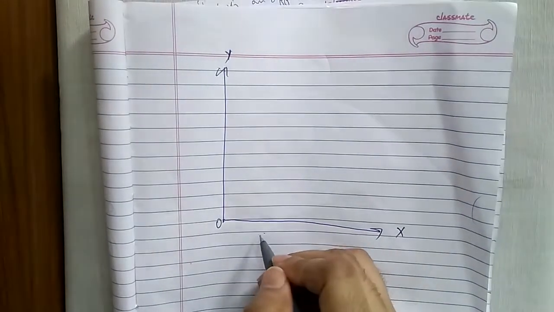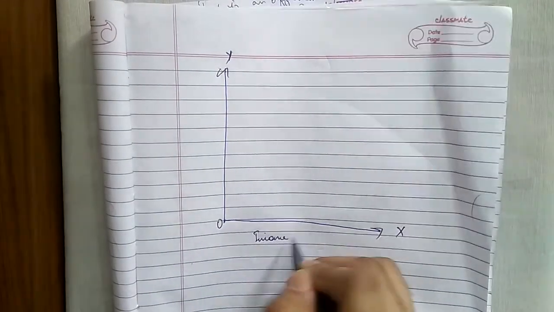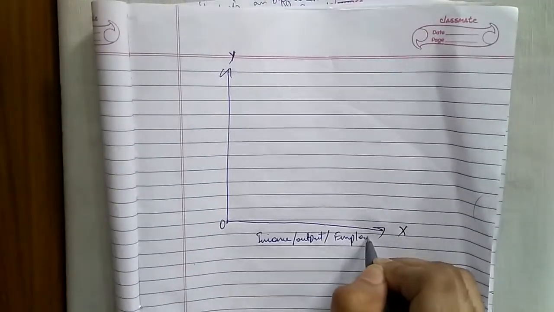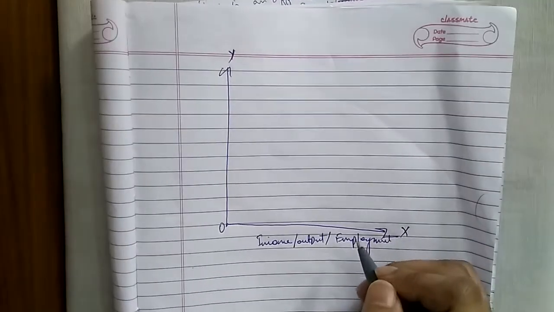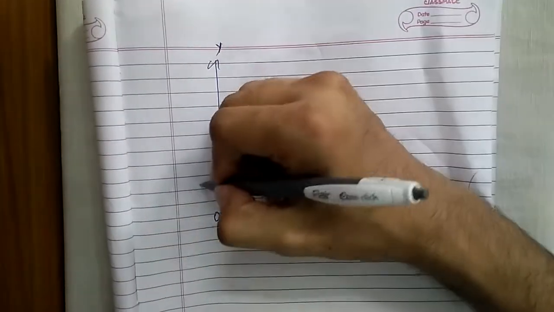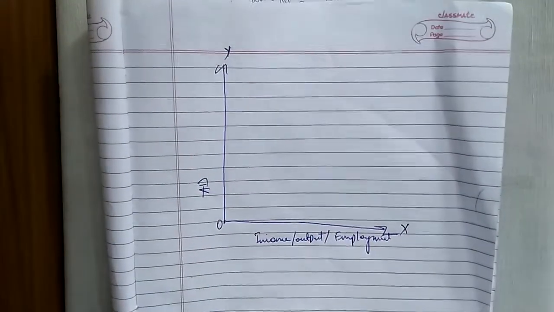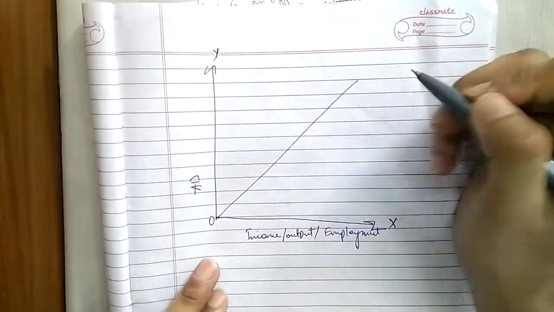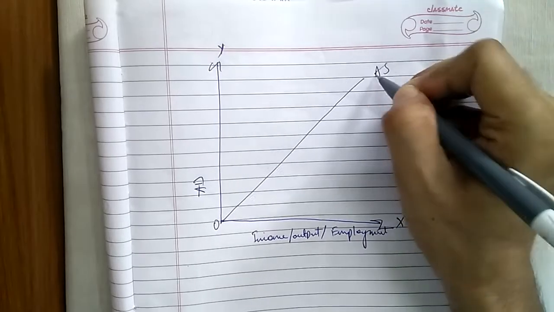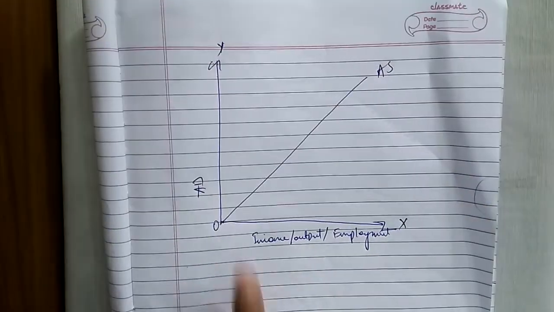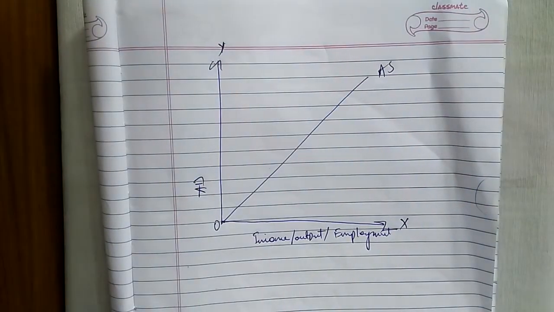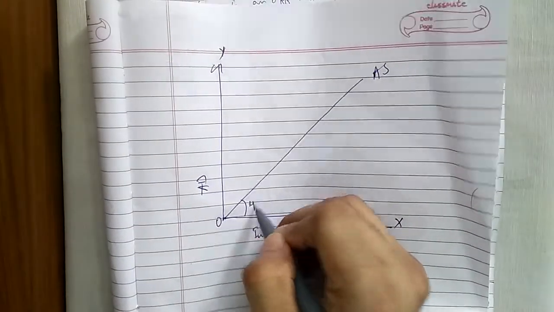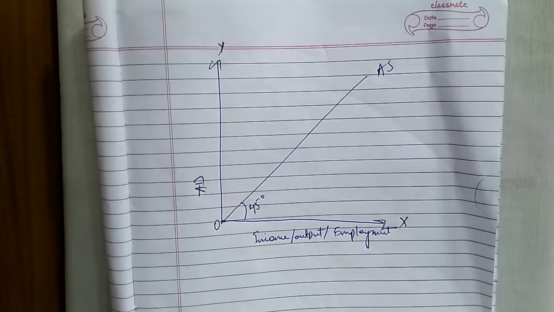We can take income, as I told you earlier also, income, output, or maybe employment. On this axis we'll take aggregate demand, AD. Now as we already know, AS, aggregate supply, makes a 45-degree angle and starts from the origin, right? Positive slope, upward positive slope.